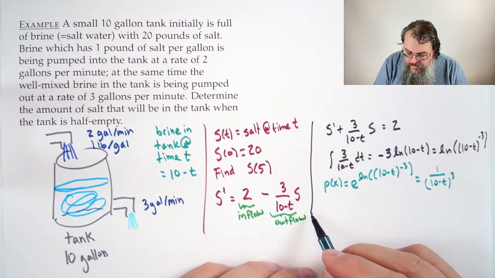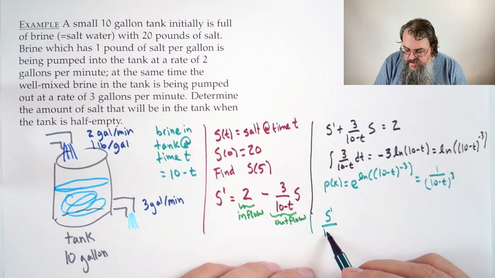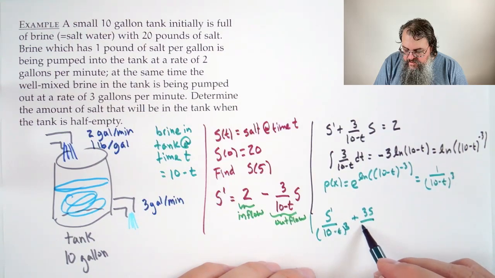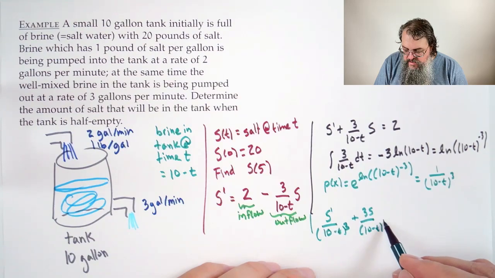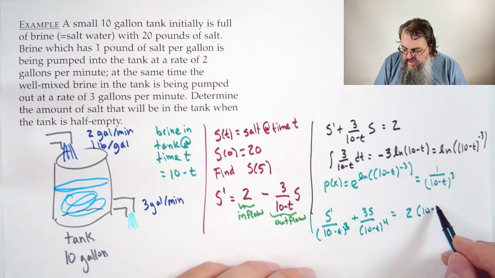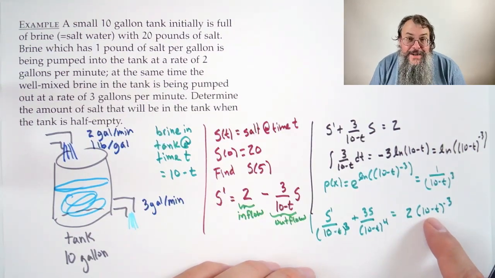will we get? Well, we'll get s prime over 10 minus t cubed plus 3s over 10 minus t to the 4 equals 2 over 10 minus t cubed. I'm going to go ahead and write this as 2 times 10 minus t to the minus 3, just because this part I actually have to work on the integral.